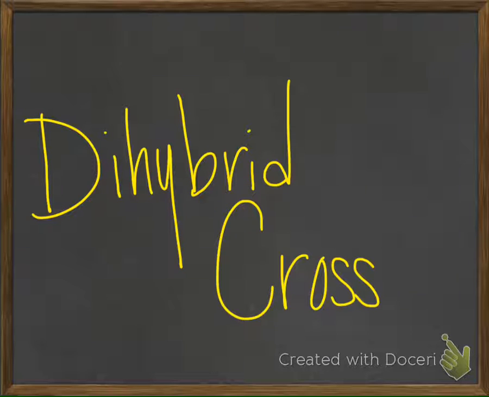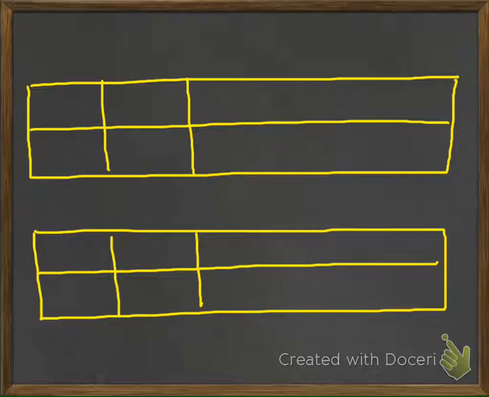Alright, now just the simplest dihybrid cross we can do. So let's imagine you're given a question where it shows the parents are both heterozygous for two traits. You know it's two traits because we have R for one trait and Y for another.